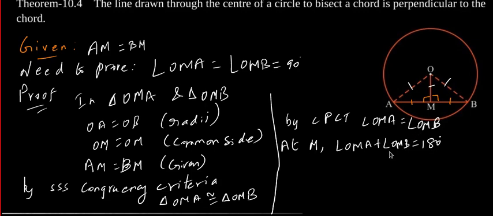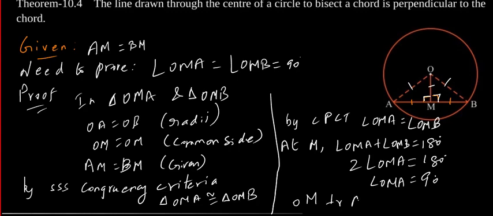Both of the angles are equal and the total sum is 180 degrees, so 2 times angle OMA is 180 degrees. That means angle OMA is 90 degrees. So if OMA is 90 degrees, OMB is also 90 degrees. Both of these angles are 90 degrees. We can say OM is perpendicular to AB. So the line drawn through the center of the circle to bisect the chord is perpendicular to the chord has been proved.